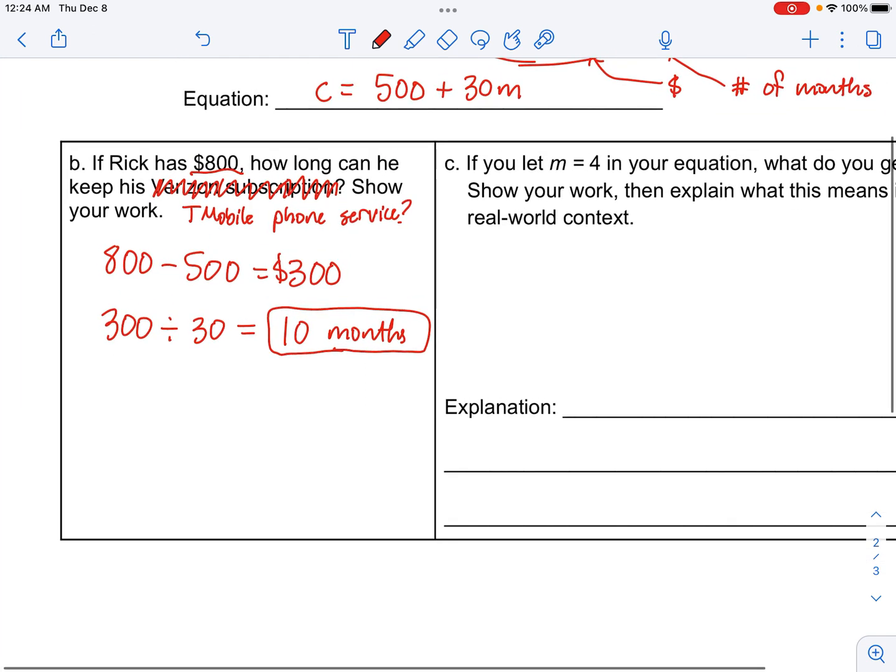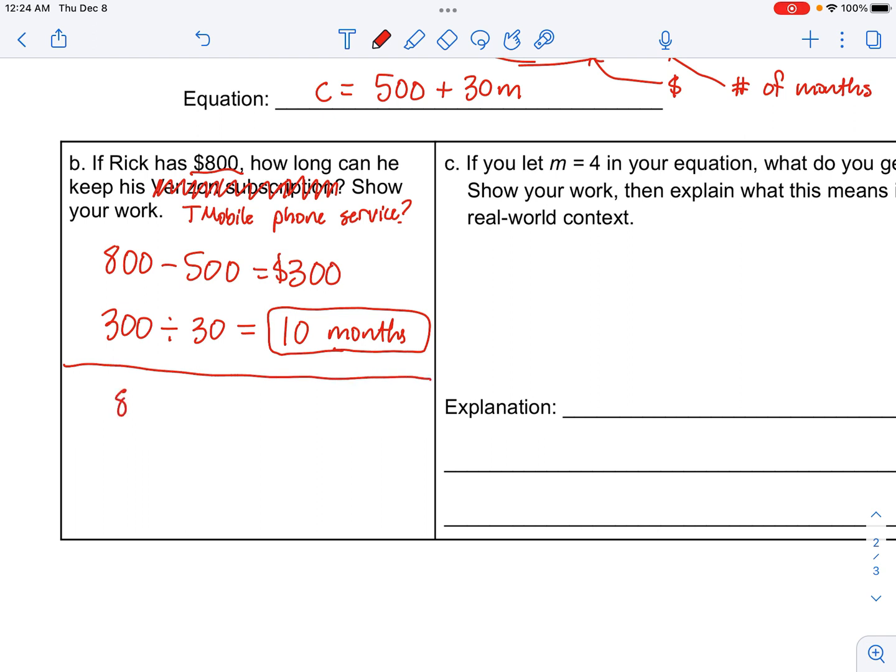Algebraically, this is how I would solve this. I know the total cost is going to be $800. That's equal to the rest of my equation up here. My laser isn't working anymore, but I was trying to circle this. So 800 is equal to 500 plus 30m.